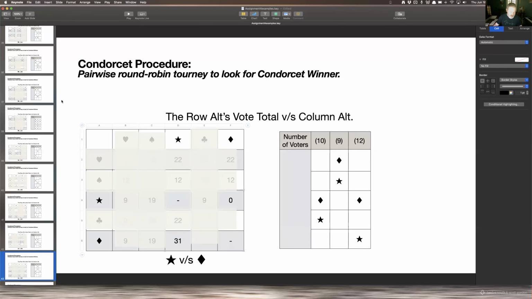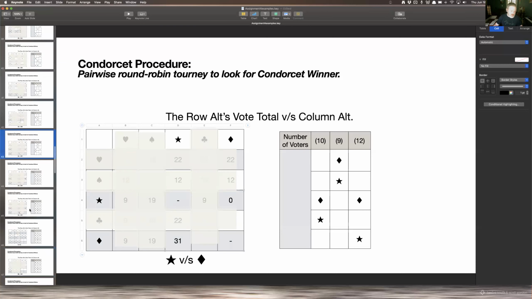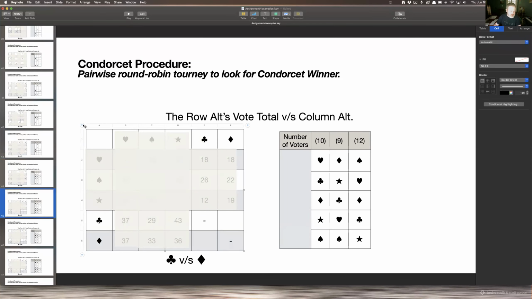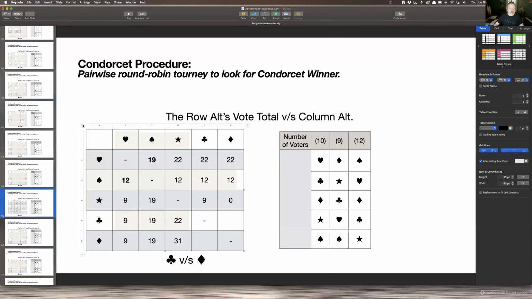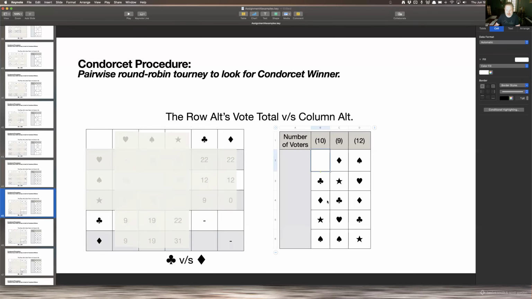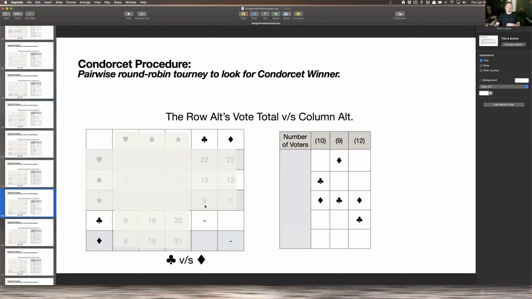All right, we have one more pair to do, and then we'll be able to see what's going on here. And that is clubs versus diamonds. Okay, get rid of all these. Now, clubs versus diamonds. This group is voting for clubs, 10. This group is voting for diamonds, 9. This group is voting for diamonds, 12.